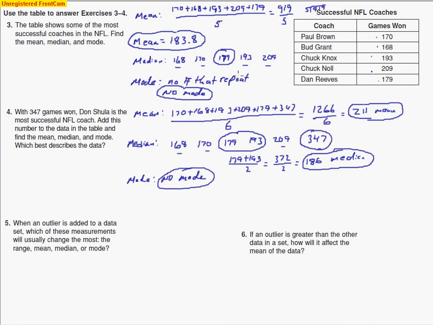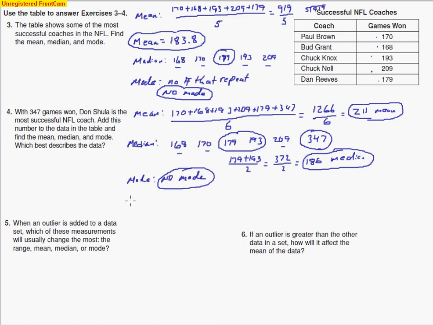It increased the mean from 183.8, which was a pretty good representation, kind of in between these values, to 211. And notice that 211 is bigger than 4 or 5 of these numbers. The only one it's not bigger than is the one that we added. And so I wouldn't use the mean in this case because of this extra number.